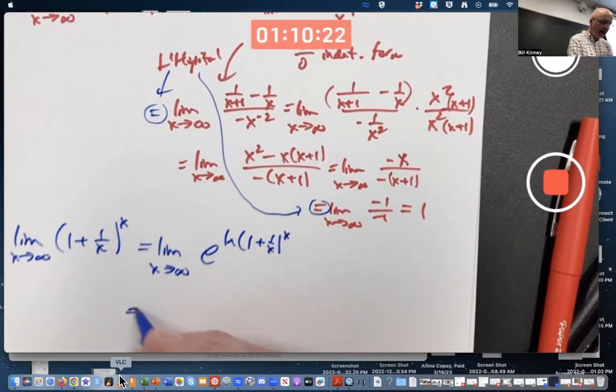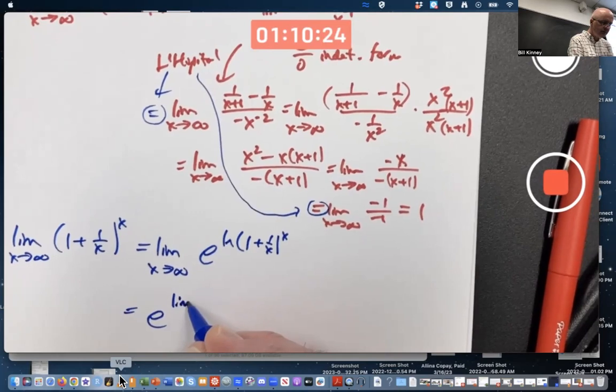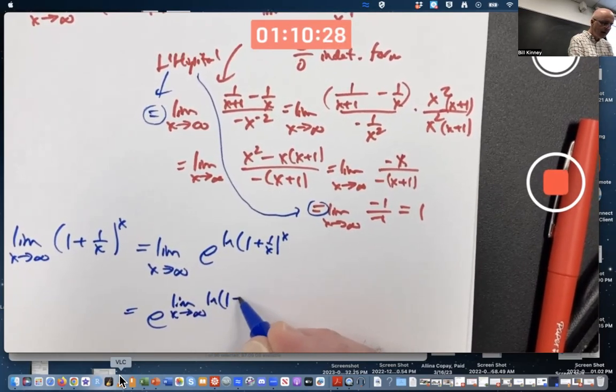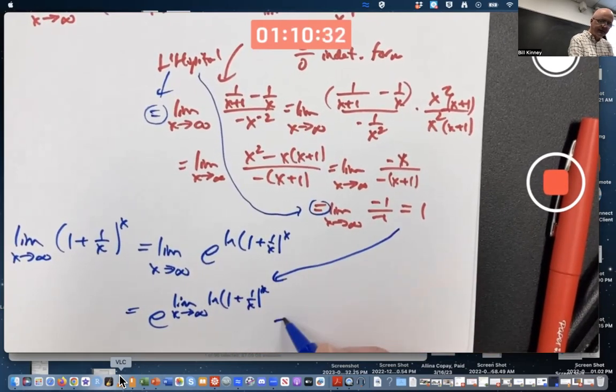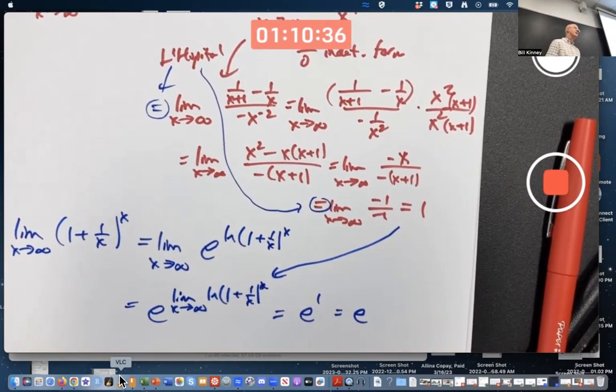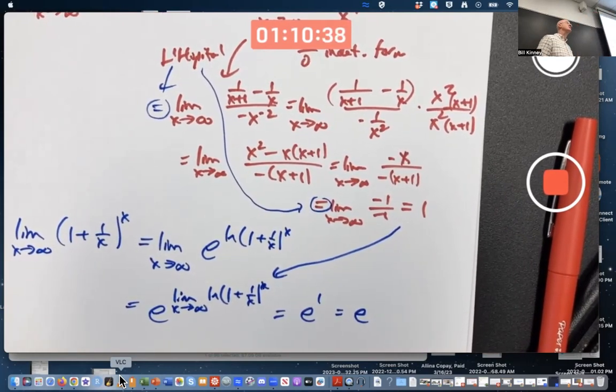Then bring the limit sign up into that power. That's okay to do. And by what we just did, that limit equals 1. So this becomes e to the first, which is e. Yes, this is very tricky.